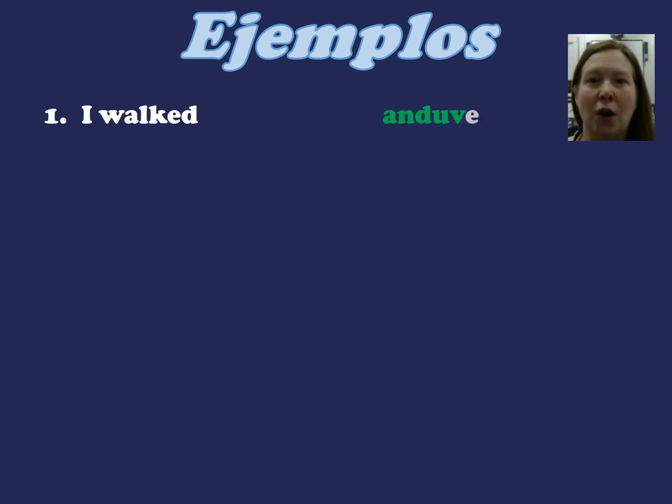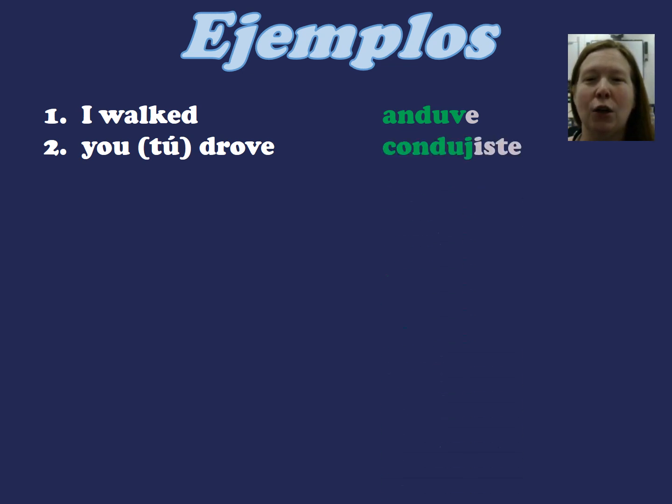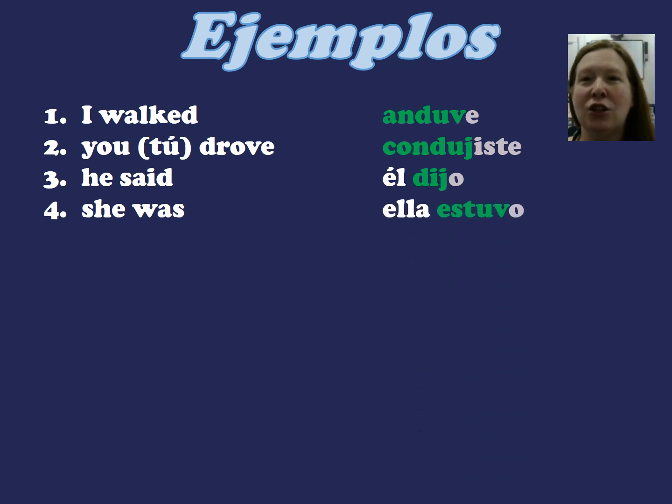So let's do some examples. If I want to say I walked, I'm going to take the verb andar, and I'm going to end up with anduve. You start with anduv because that's the irregular stem, and then e is the ending. You drove would be condujiste. He said, él dijo. She was, ella estuvo.